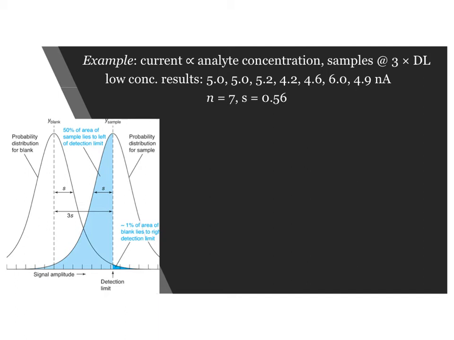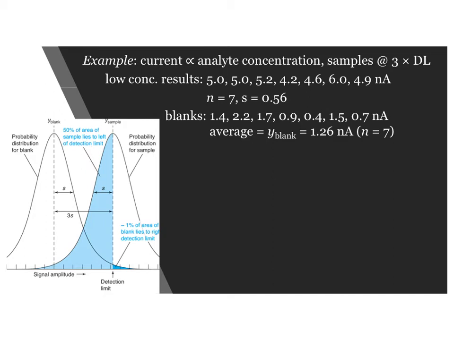Next, we need to run the same number of blanks or samples without analyte. After running our 7 blank samples, we calculate a mean Y sub blank of 1.26 nanoamps.